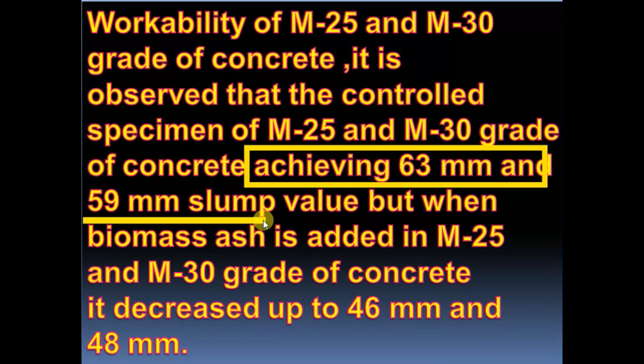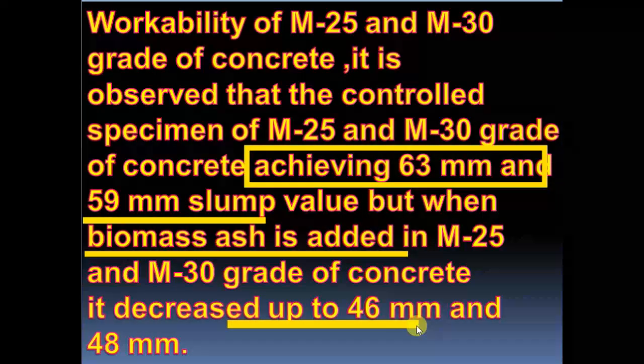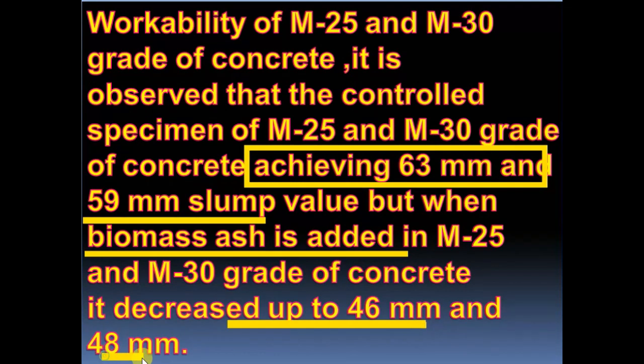For this we use biomass ash, and this biomass ash is added in the required grade, that is M25, M30, and the slump is brought down to 46 to 48 mm.